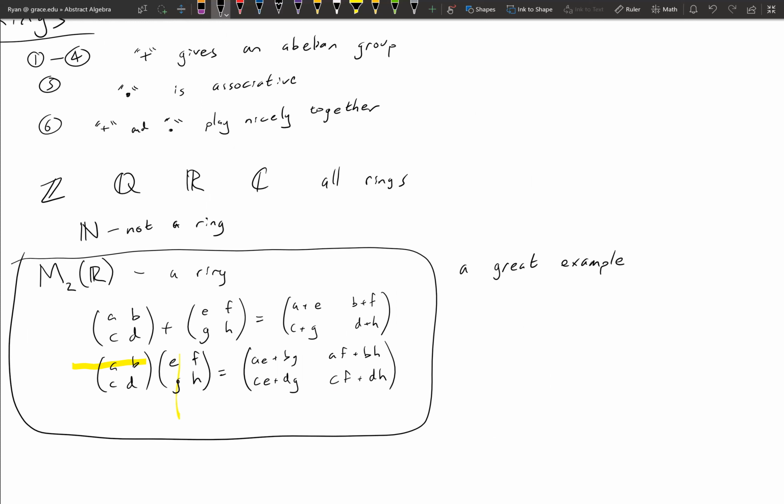Okay? It's a great example for a few reasons. Addition is basically the same as what it's always been.